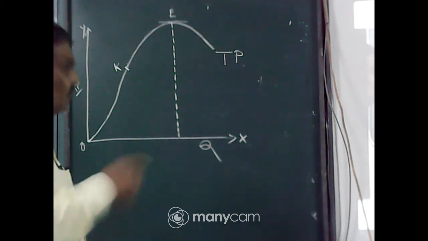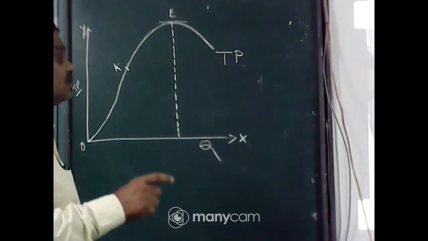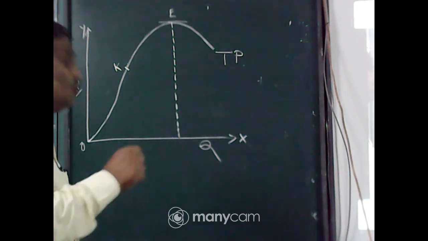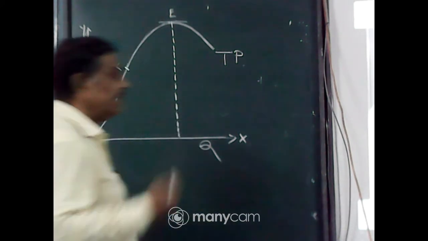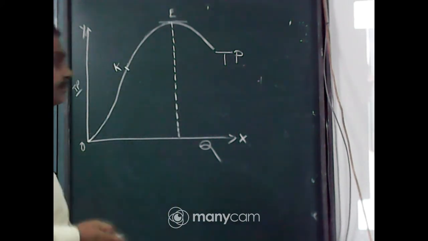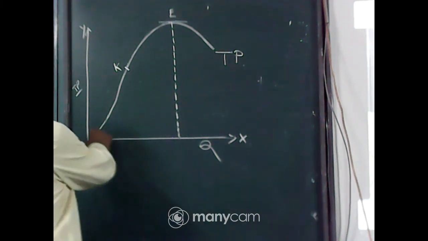No. So, fixed factor within the short period is fixed. You cannot increase production within the short period. You just can increase the production by utilizing more and more of variable factor. Is it clear?